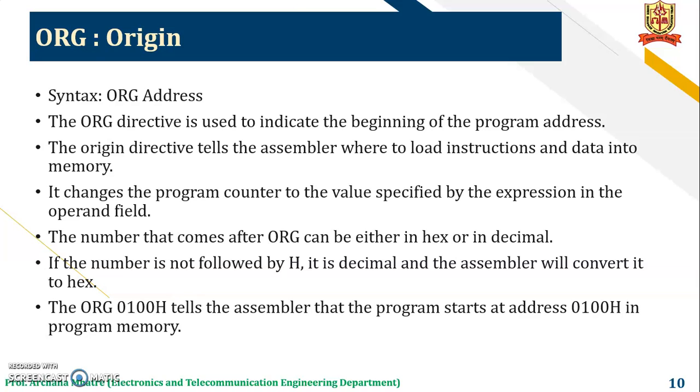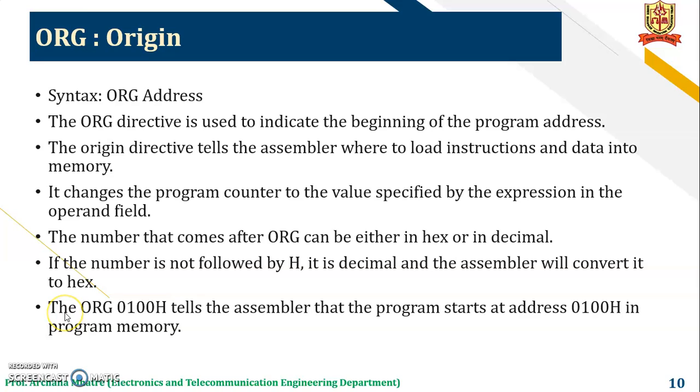The origin directive tells the assembler where to load the instructions and data into memory. It changes the program counter to the value specified by the expression in the operand field. The number that comes after ORG can be either in hex or in decimal.